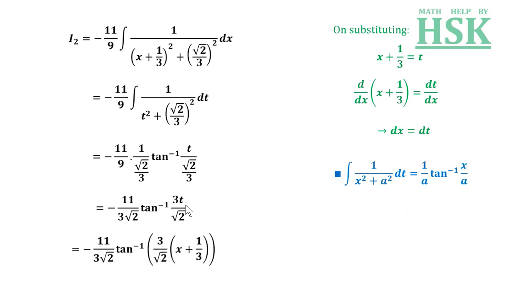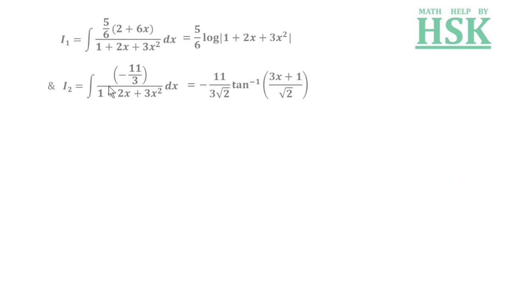On substituting t as equal to x plus 1 by 3, I'm going to get this as minus 11 upon 3 root 2 tan inverse of 3x plus 1 upon root 2. Here you can see on taking LCM, I'm going to get 3x plus 1 upon 3, and this 3 cancels out.